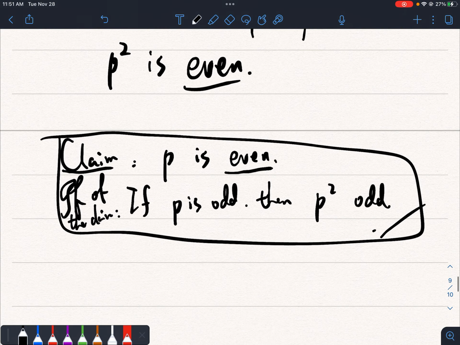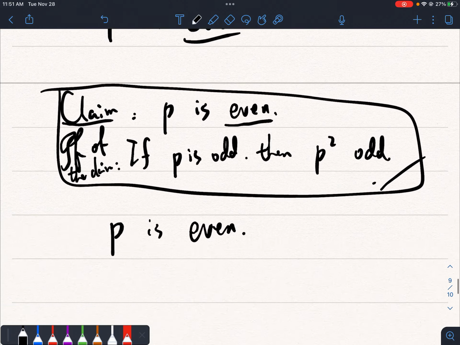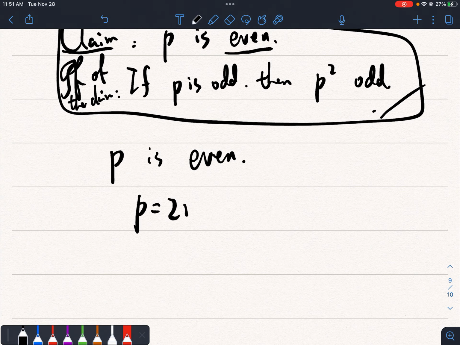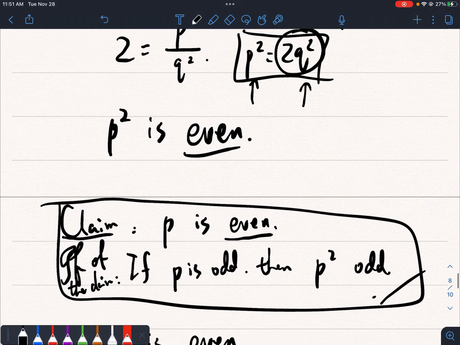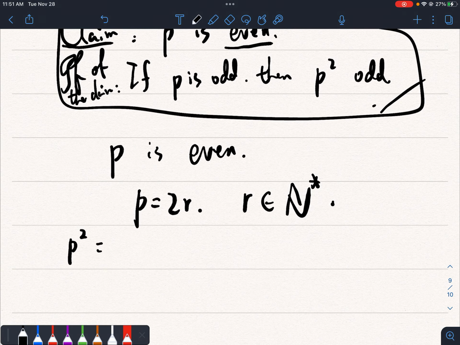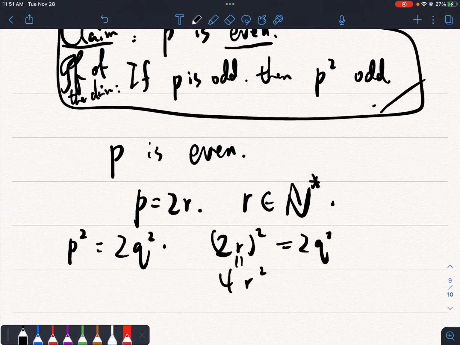So this tells us that P is even. So if P is even, then you can write P as 2 times R, for example, where R is also a positive integer. Then, because we have P squared is equal to 2 times Q squared, 2R squared, which is 4 times R squared, is equal to 2 times Q squared.